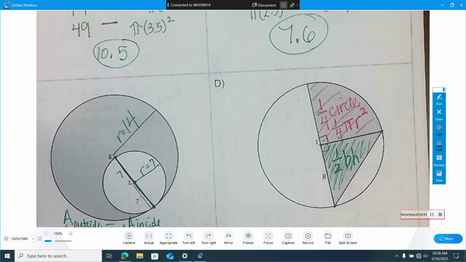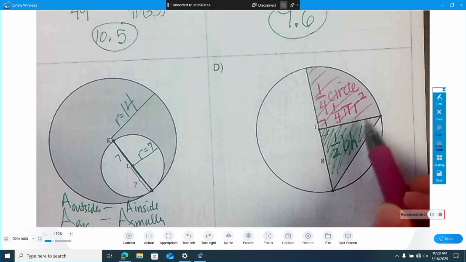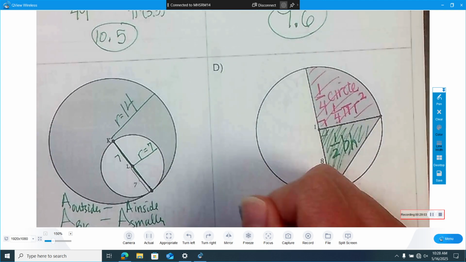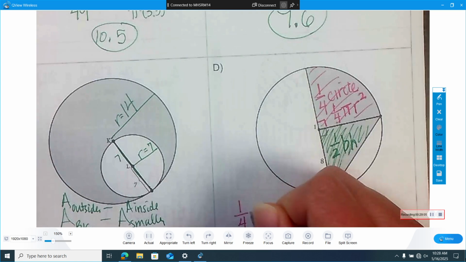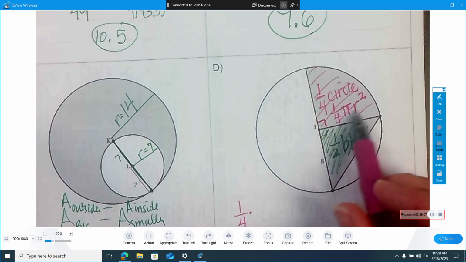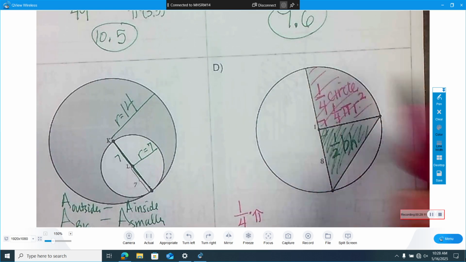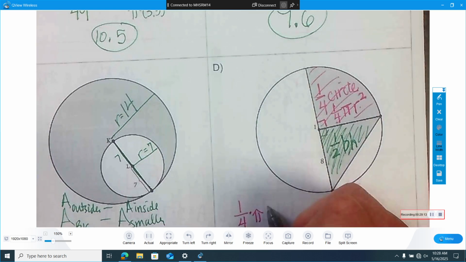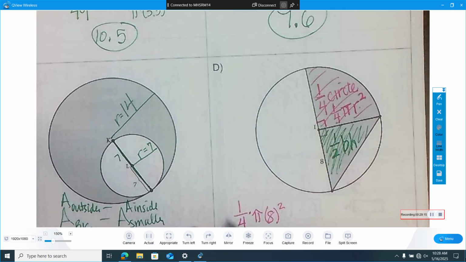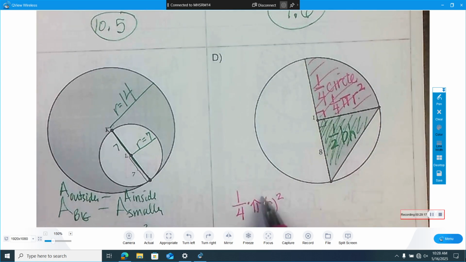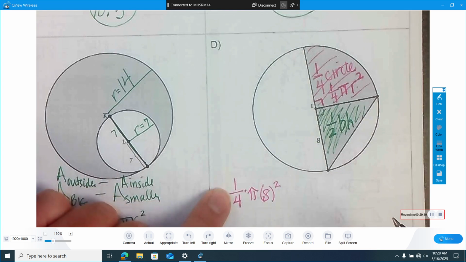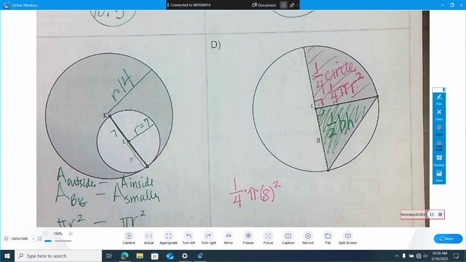I need to add these areas together, okay? So for the 1/4 circle, I have 1/4 of the area, which is pi. And what's our radius on this circle? 8. So there's my area of a circle, and when I multiply it by 1/4, that's 1/4 of the area.